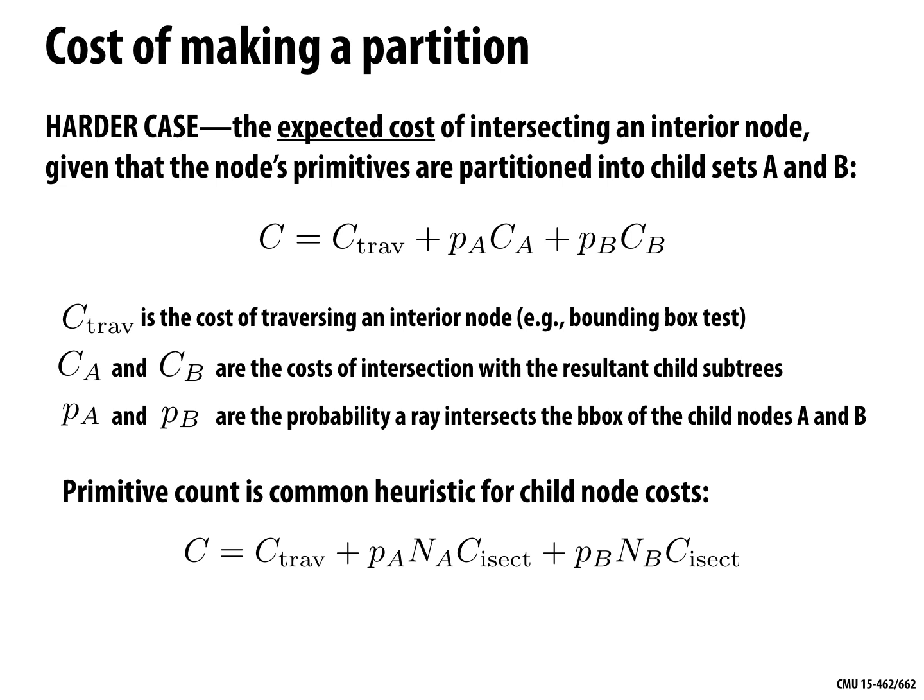Okay? So the cost of traversing a given interior node is any time we spend on the node itself, plus the costs associated with its children weighted by the chance that we actually hit its children.